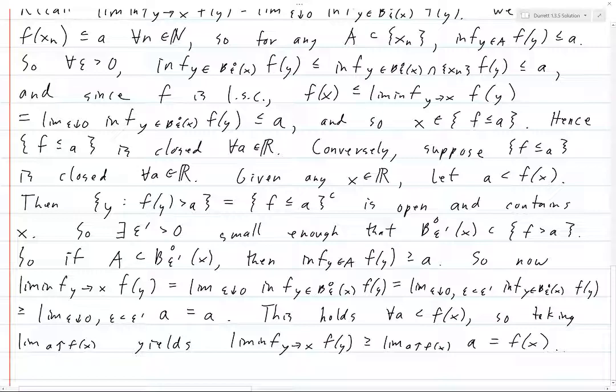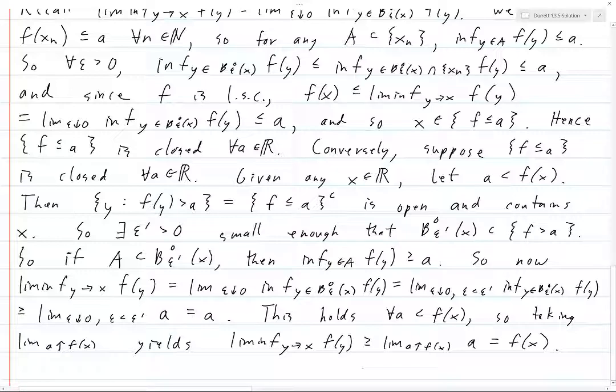So this is sort of neat because we wanted to prove that this lim inf is greater than or equal to f of x, but we were only able to prove that it holds greater than or equal to A for any A which is strictly less than f of x.